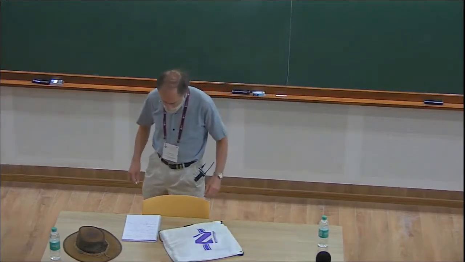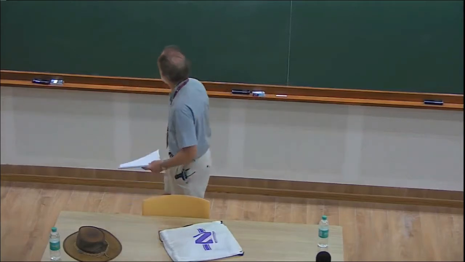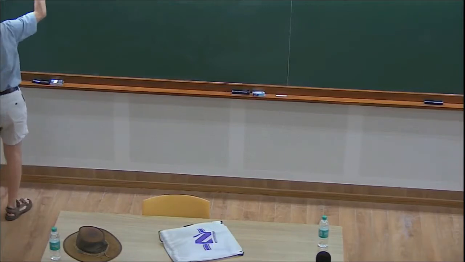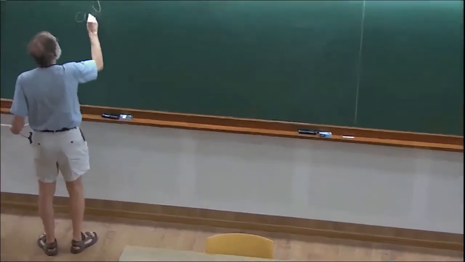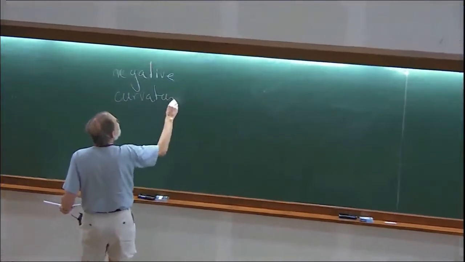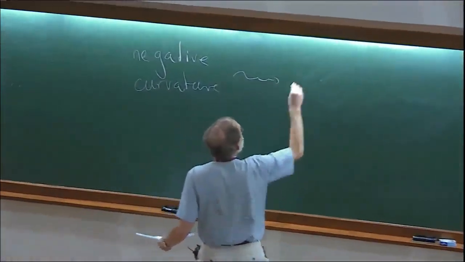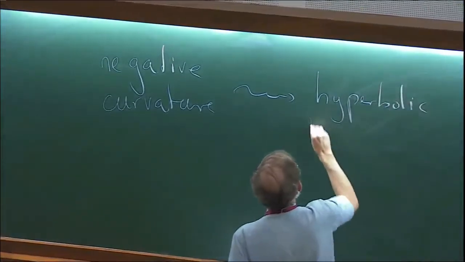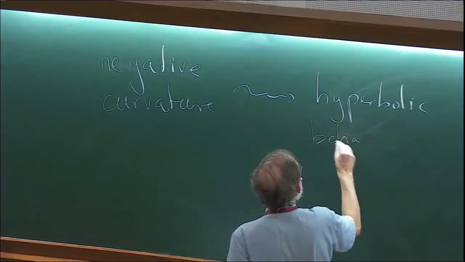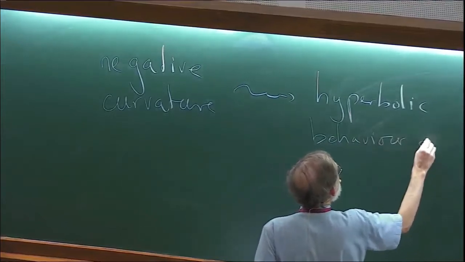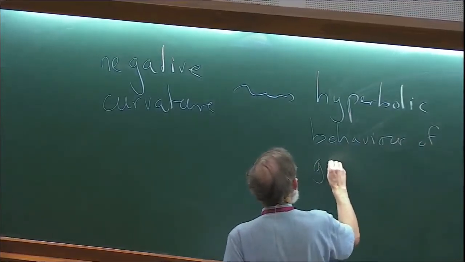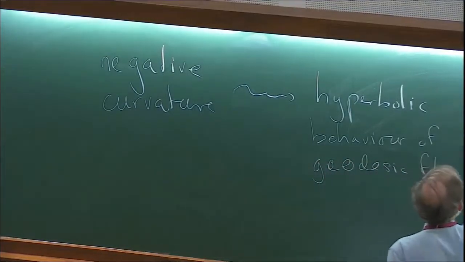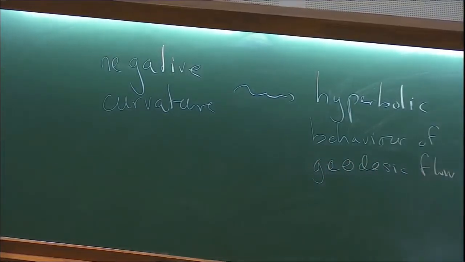So the general nature of what all of the lectures are about is the idea that if you have negative curvature, that gives rise to hyperbolic behaviour of the geodesic flow, and that tends to lead to ergodicity of the geodesic flow.